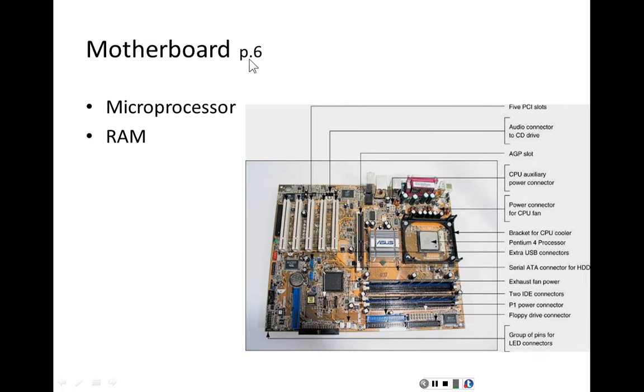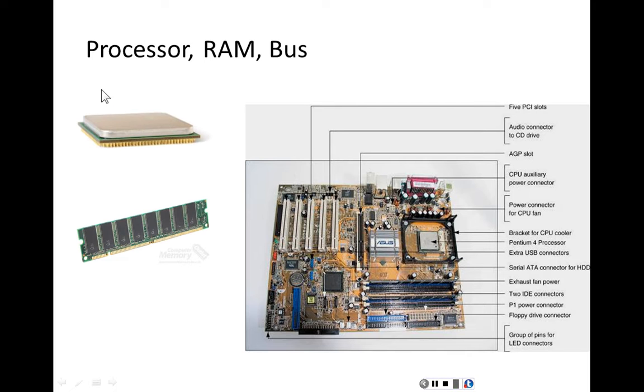Page 6, motherboard. The motherboard is a plastic circuit board that sits on the bottom of the computer, and mounted on the motherboard is the microprocessor and RAM. The microprocessor is a chip, such as the Intel chip, and it's the only part of the computer that can add 2 plus 2. The microprocessor is plugged into a socket on the motherboard.